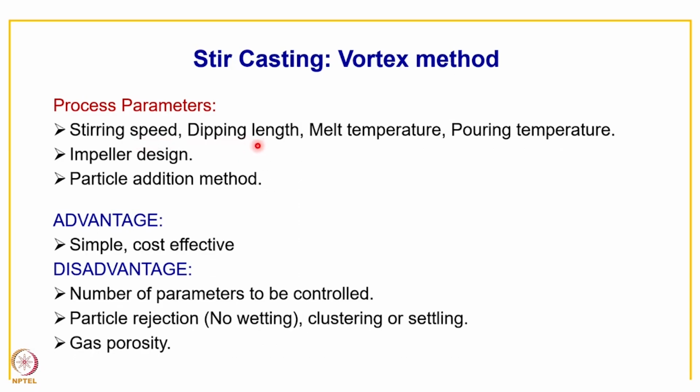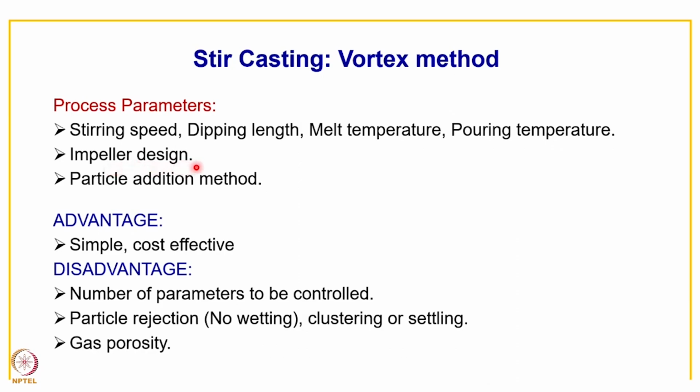At what depth the impeller has been inserted into the material, that is also going to have some effect on the vortex which is created by the rotation. Okay. So apart from the stirring speed, the dipping length of the impeller will also have some effect on this stir casting process.